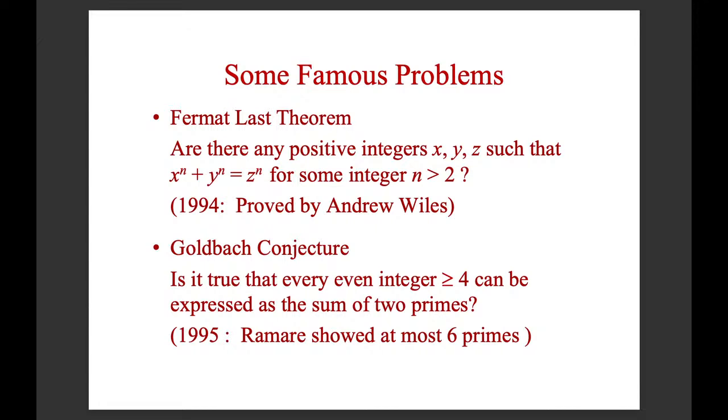But on the other hand, are there integer triplets that satisfy x to the power 3 plus y to the power 3 equals z to the power 3? The answer is no. This theorem was proposed by the French mathematician Fermat more than 350 years ago, but he didn't show a formal proof.